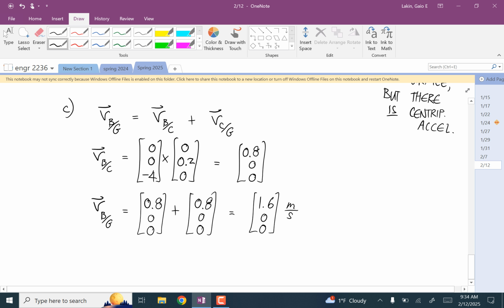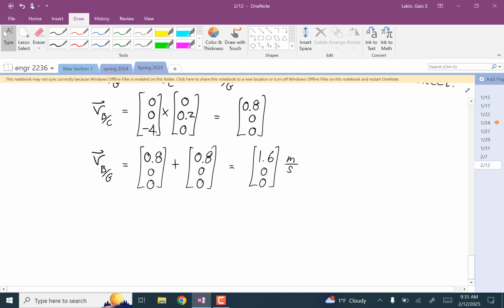So the top is always moving twice as fast as the center relative to the surface if the surface is moving. Any questions about that?